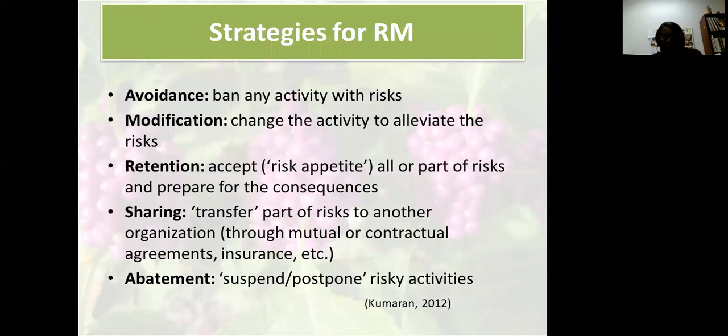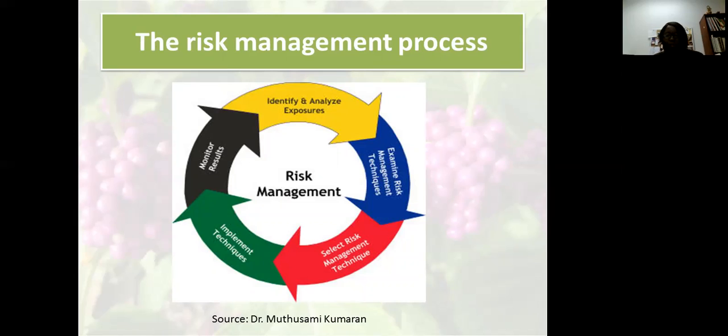And one thing I forgot to mention on that slide is that you can utilize more than one strategy for an activity. So you don't have to use just one. So you can have modification and retention as a strategy for dealing with heat stroke, for example, for Master Gardeners working in your garden.